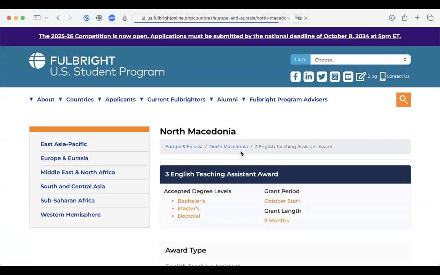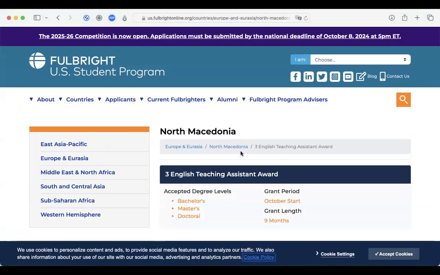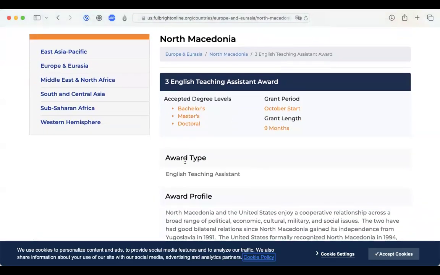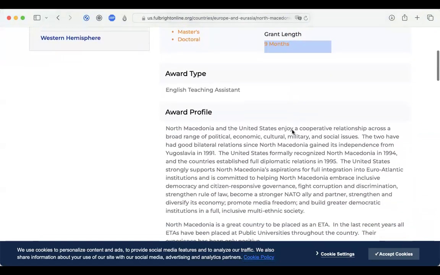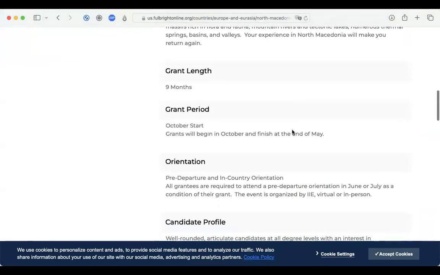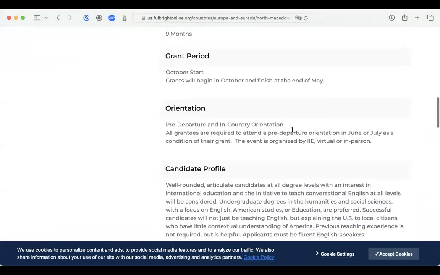So an English teaching assistant award is usually done by someone who is going to be completing or has just completed a bachelor's degree, but it could be these other levels. And they want to go to another country for a 9-month period, teach English, get paid for it, get some training along the way, and then also in the process serve as cultural ambassadors representing the United States at different functions.